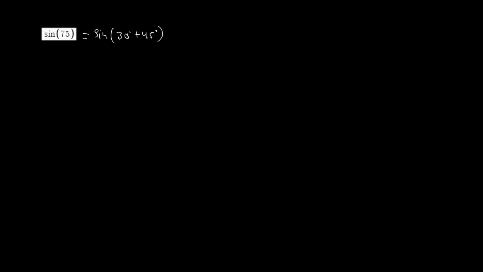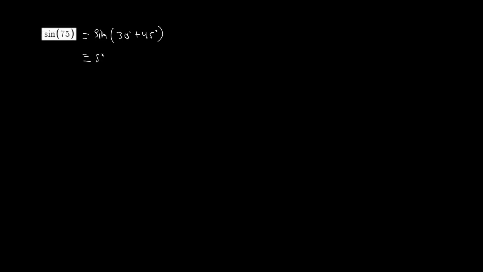So basically, think of any two special angles that would result in 75 degrees, whether you add or subtract them. So since 75 degrees is the same as 30 plus 45, I use sine of 30 degrees plus 45 degrees.